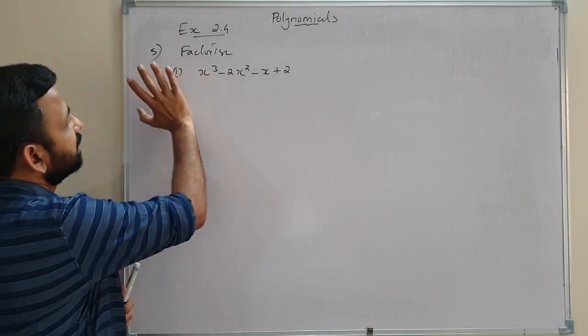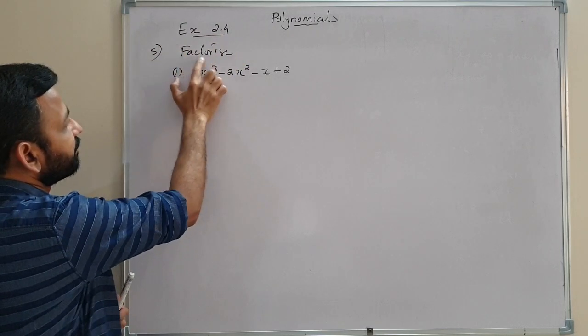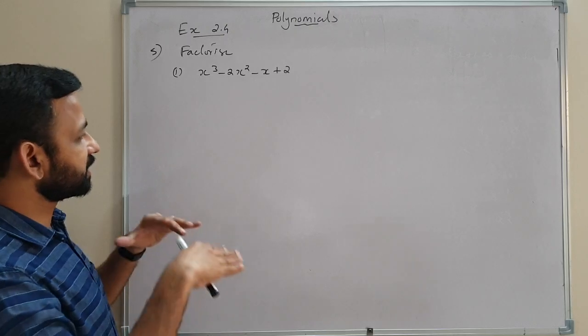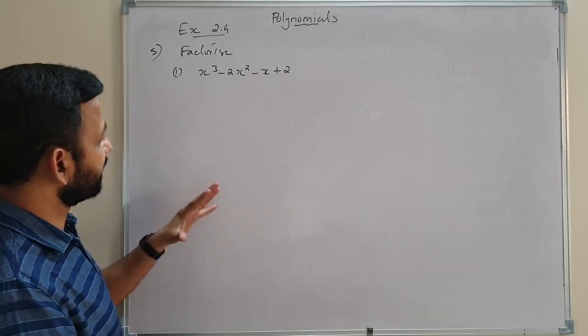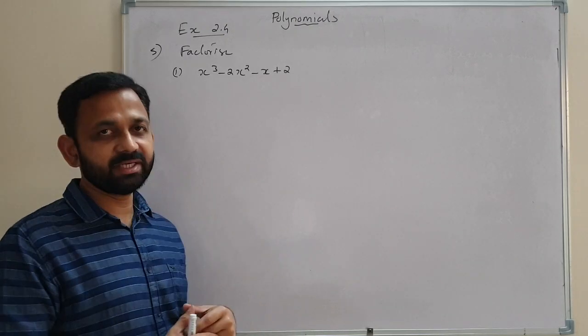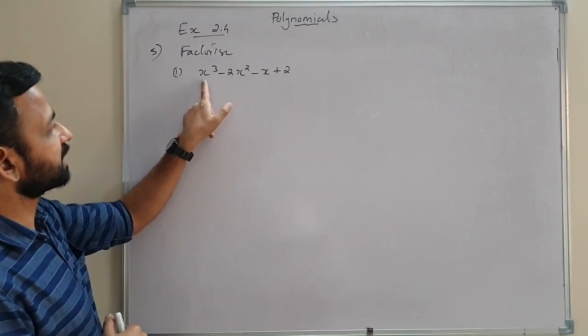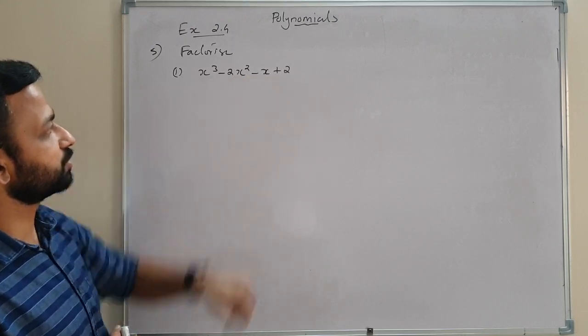So here, Exercise 2.4, question number 5, first part. This is a cubic polynomial, and first we will try the normal, easy method, not long division. So here, x cube minus 2x square minus x plus 2.